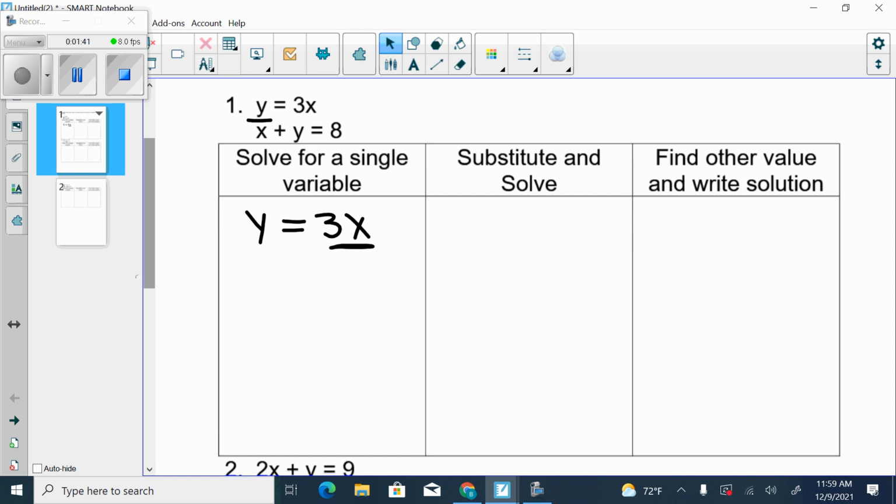Anywhere there's a y in this other equation, we're going to take it out. So I'm going to take out this y, and I'm going to substitute it with what we just said y is equal to. Okay? So I'm going to rewrite the second equation. So it was x plus, replace the y, yes, with 3x equals 8.